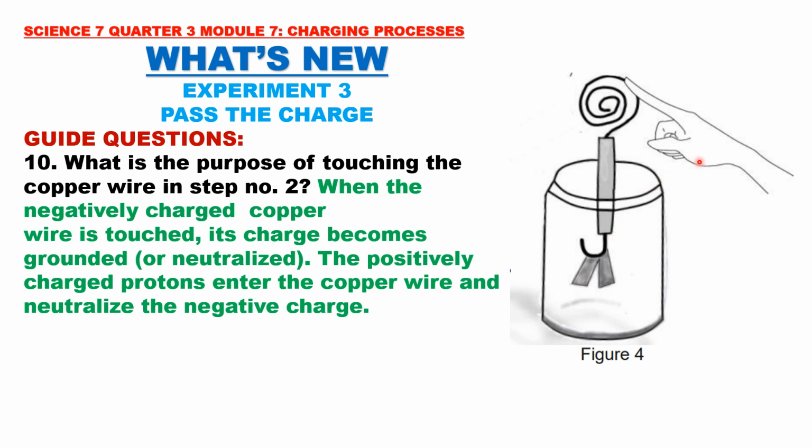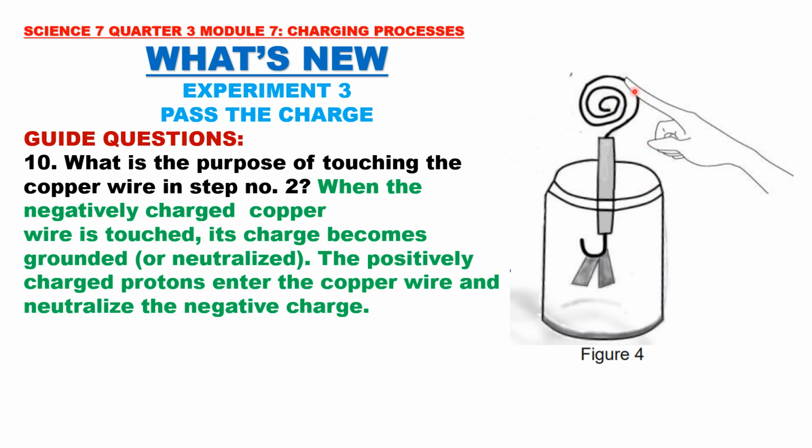Now, yung sumunod na procedure after that is to touch the copper wire with a finger. So, nung tinouch natin yung copper wire with a finger, what happened? Ano ang nangyari? Okay? So, when the negatively charged copper wire is touched, its charge becomes grounded or neutralized. The positively charged protons enter the copper wire and neutralize the negative charge.